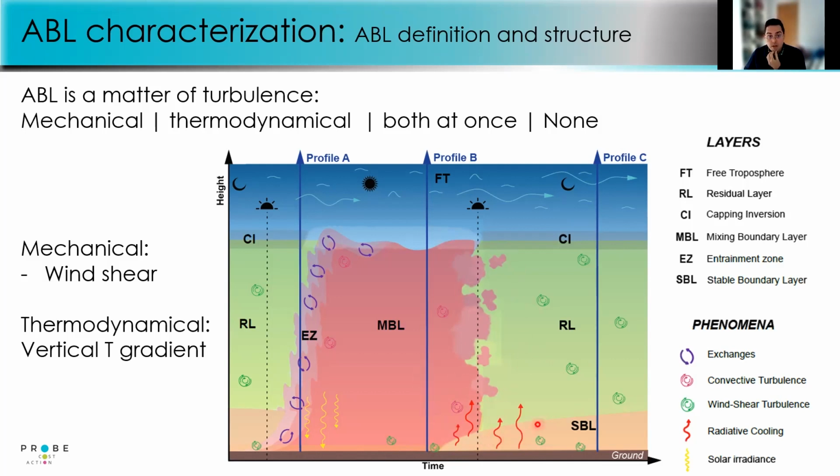And finally, the region that was previously the convective boundary layer becomes neutral, with a neutral instability, and can also have mechanical turbulence inside. With time, this residual layer can be stratified.